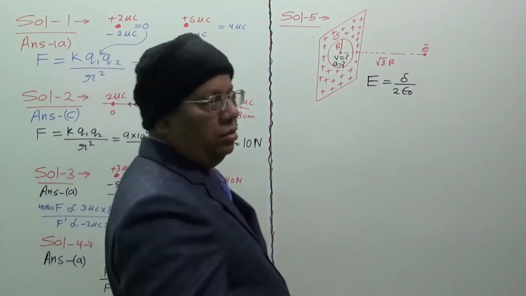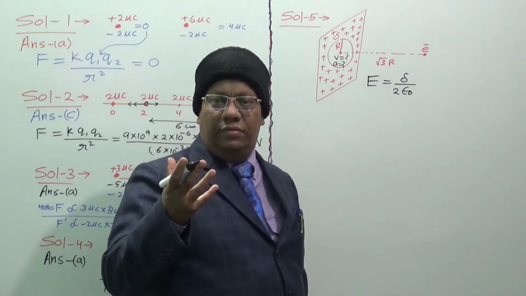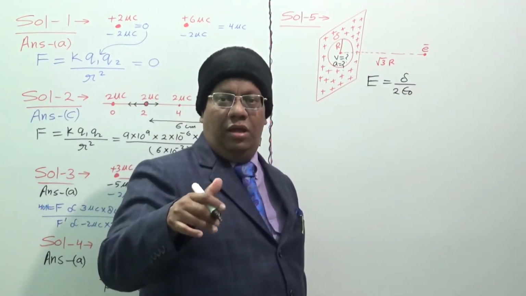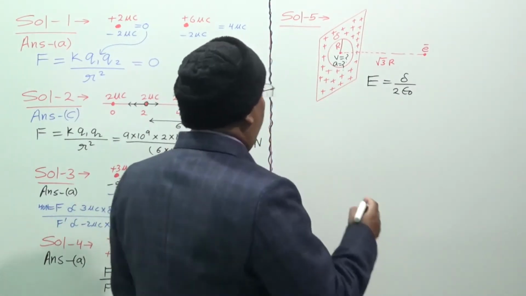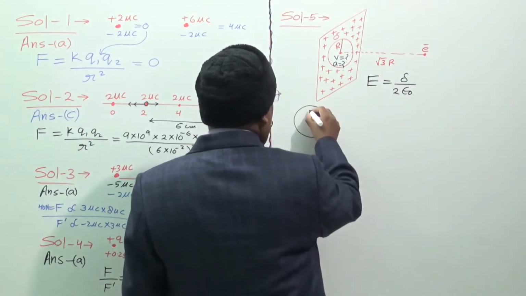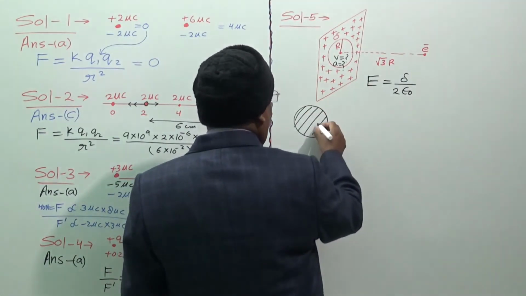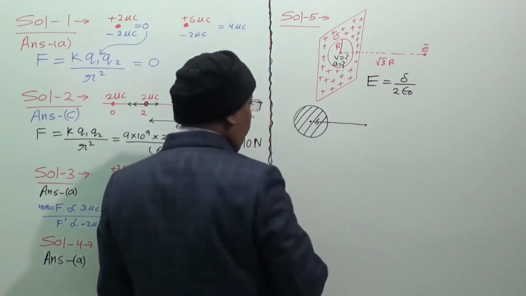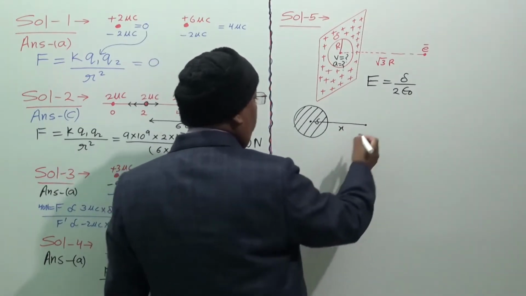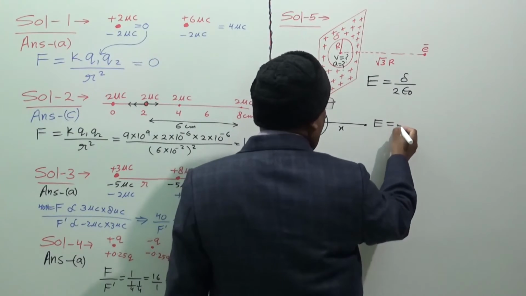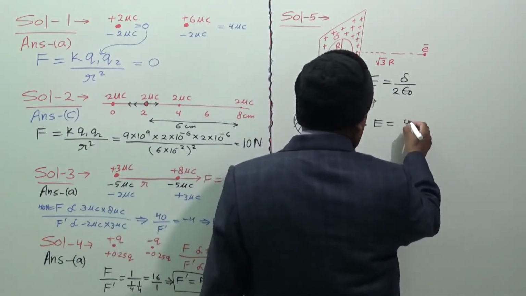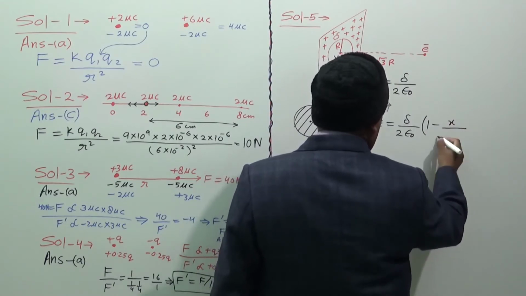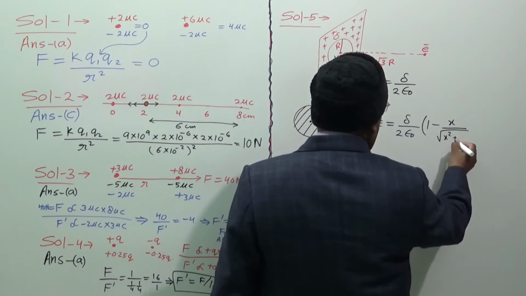As far as a disk is concerned, the electric field on the axis of the disk is, suppose this is a disk which has small sigma charge density, then on the axis of this disk, if this distance is x, then at this point E will be small sigma upon 2 epsilon naught in bracket 1 minus x by under root x square plus r square.